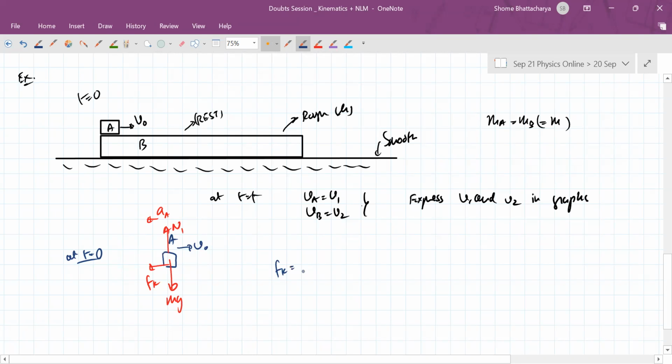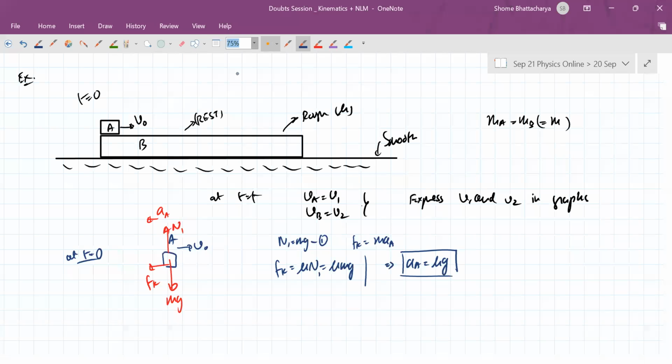So you can see, the deceleration of A is mu g.